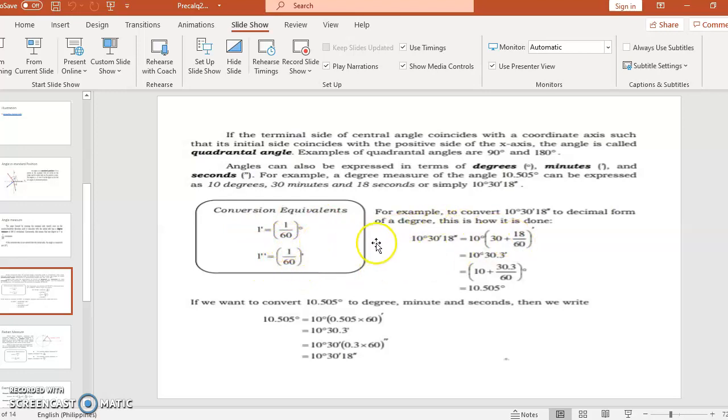If you want to convert minute to degree, all you have to do is multiply it by 1 over 60. And if you want to convert second to minute, all you have to do is also multiply it by 1 over 60.